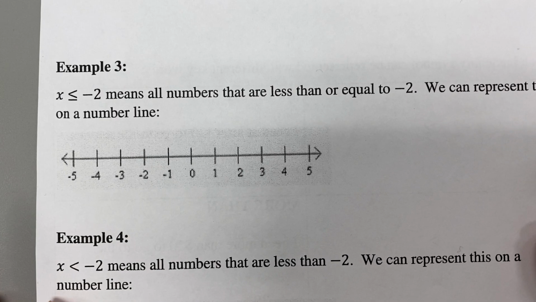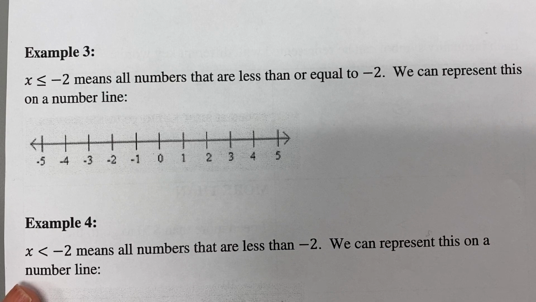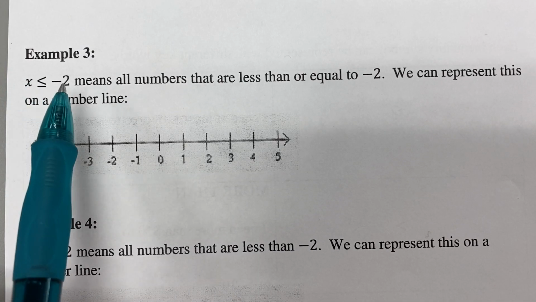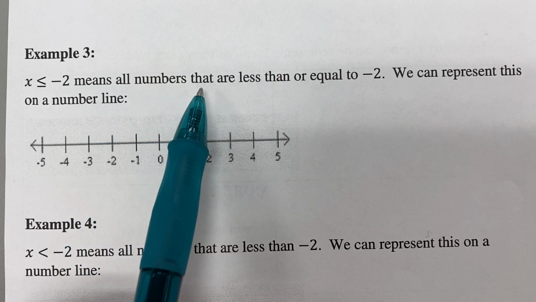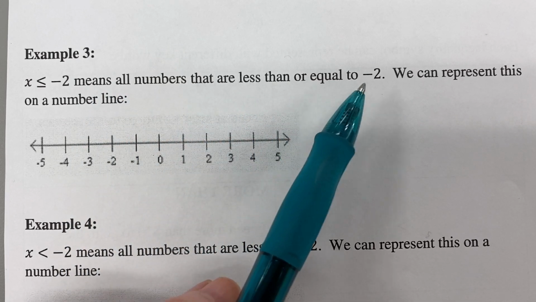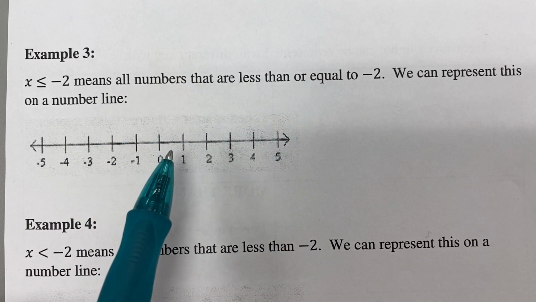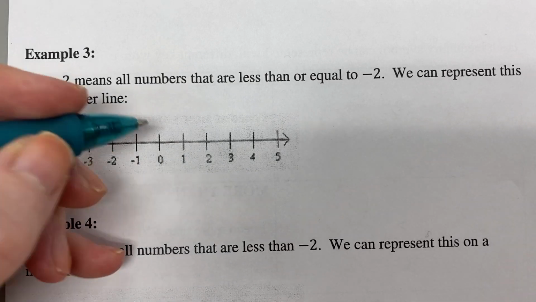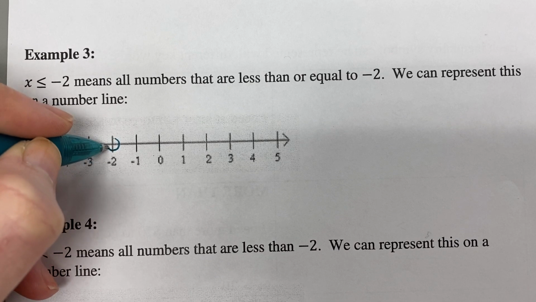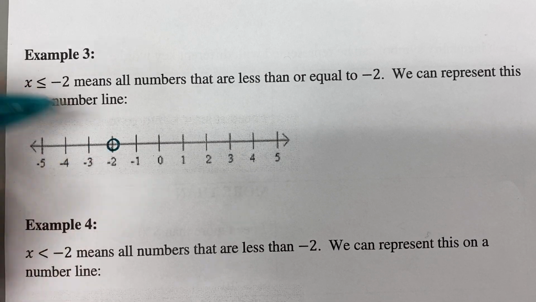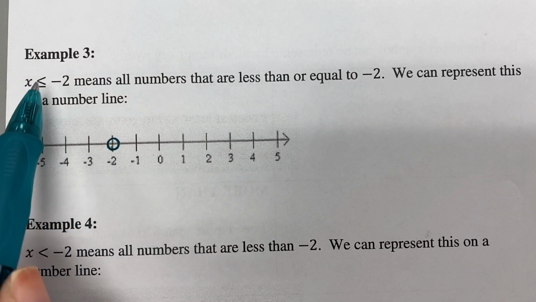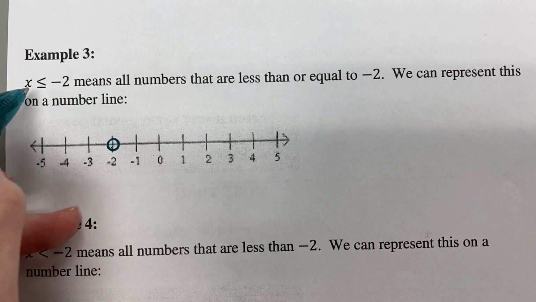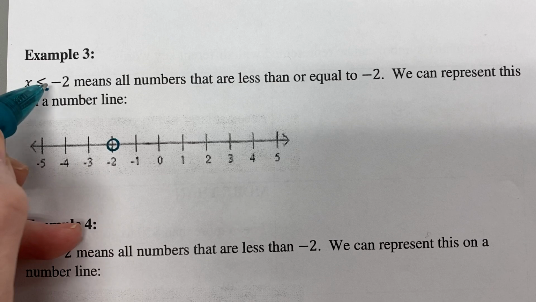Next, example 3. We have x is less than or equal to negative 2. Means all numbers that are less than or equal to negative 2. We can represent this on a number line. Okay, so let's go to this negative 2. Here it is, negative 2. Open up that circle. Now the question is, do we want to fill it in? All numbers less than or equal to negative 2.